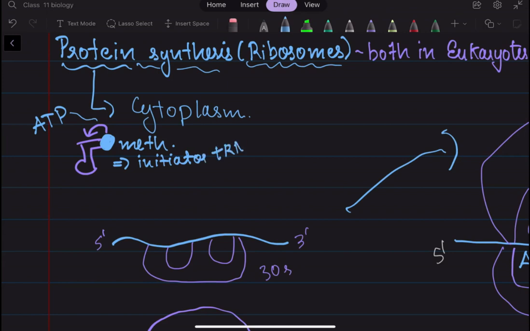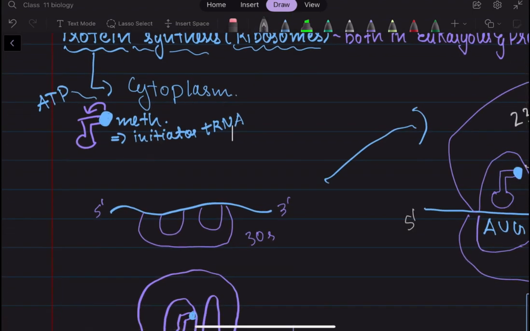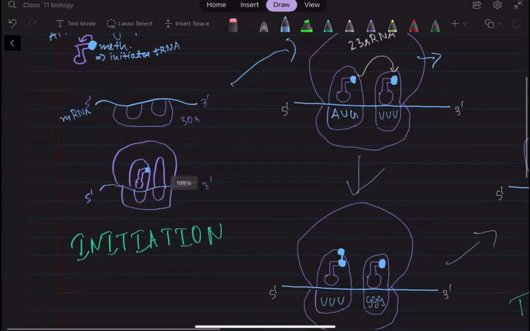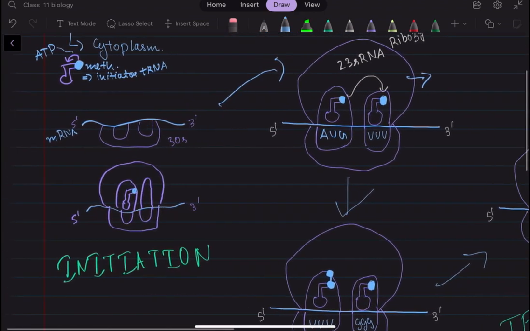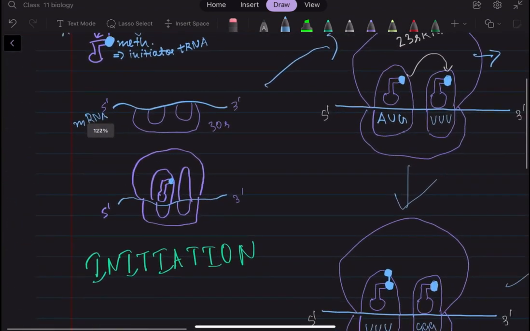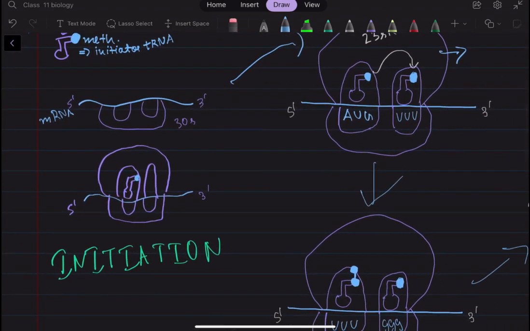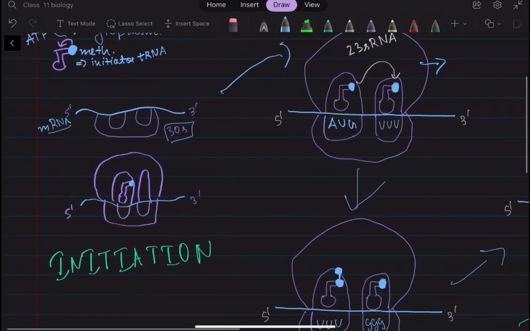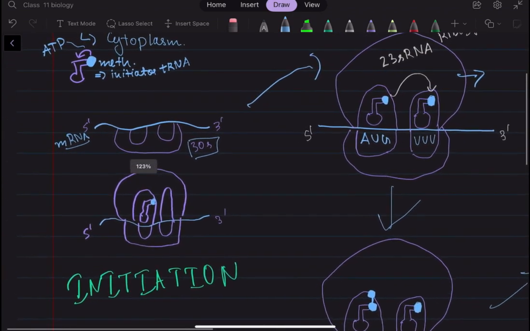So this initiator tRNA is ready. First we have our mRNA over here. This process is called initiation. First the charging of the tRNA takes place, and then to the mRNA that we have, the smaller subunit of the ribosome gets attached. So that is when the process gets initiated.